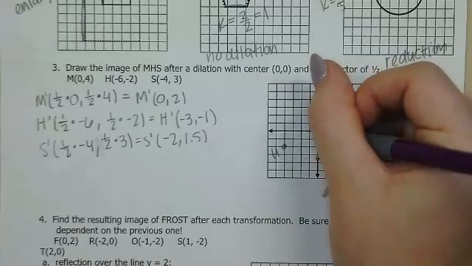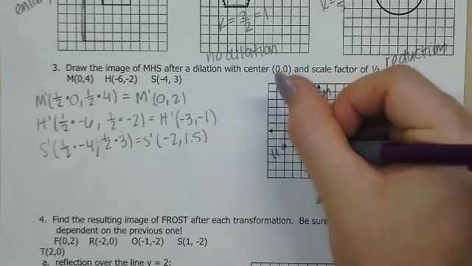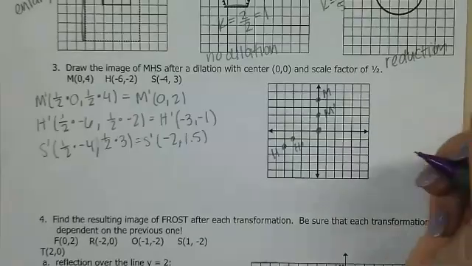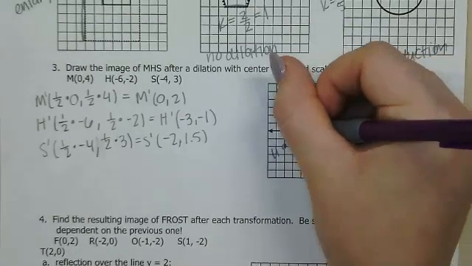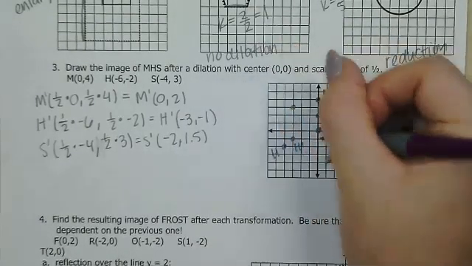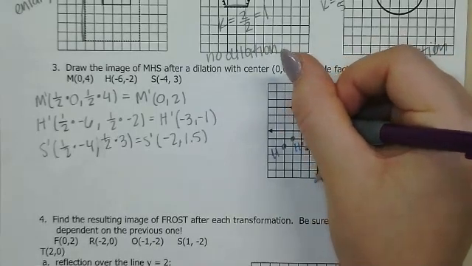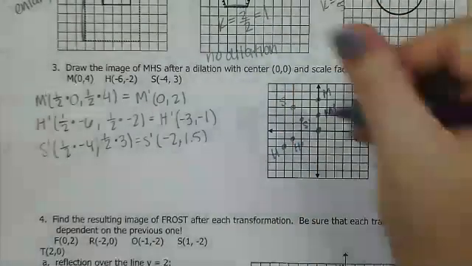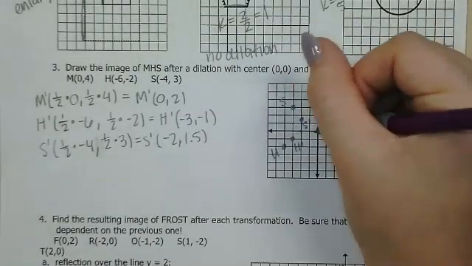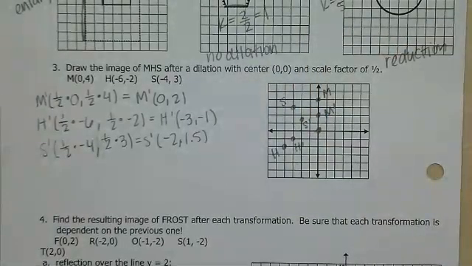And now it's at -3, -1. And s was originally at -4, +3, and now it's at -2, 1.5. So they did all come in a significant amount closer to the figure.